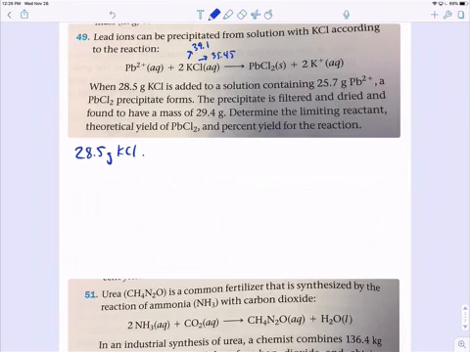So what is that? So mole KCl, and that's, let's see, it's going to be 74.55. Is that right? That looks right, yep.